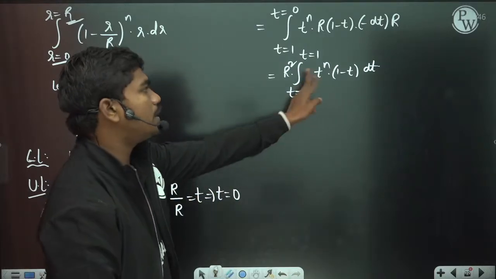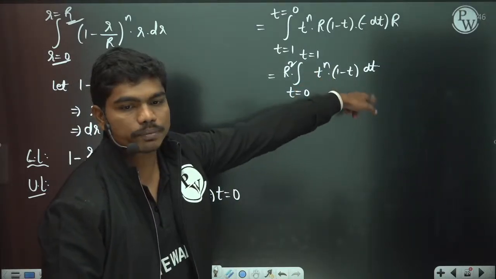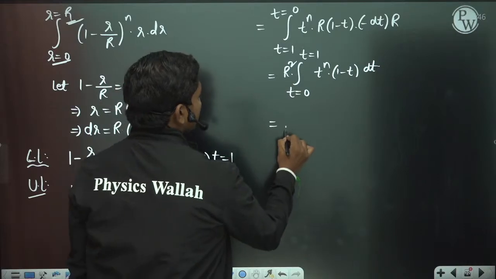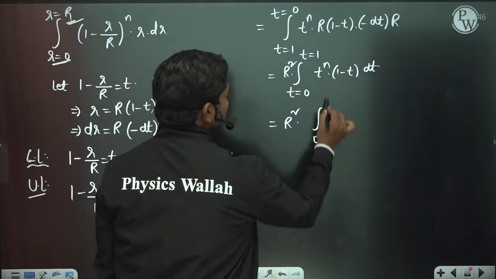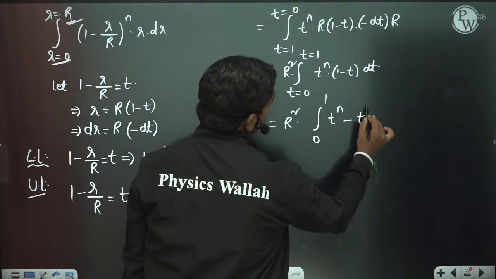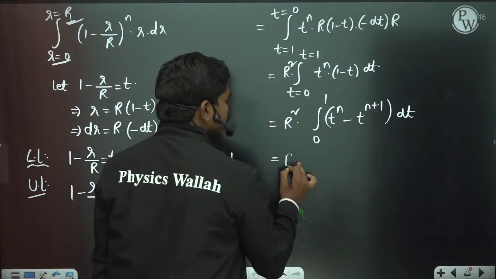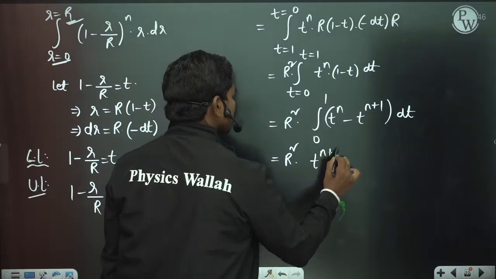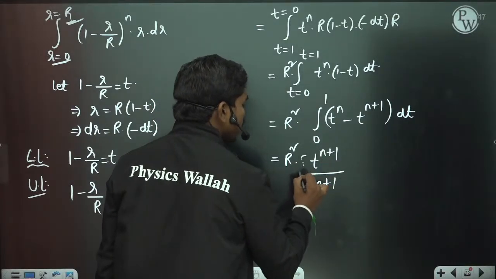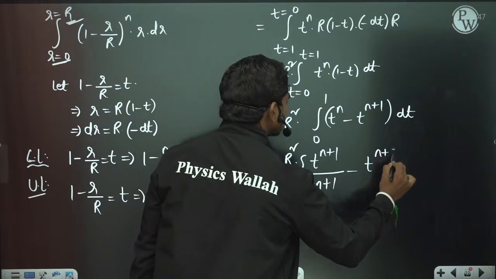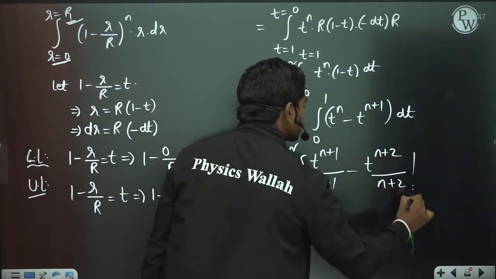Now it's very easy. If you multiply, t power n minus t to the power n plus 1. So R square into the integral from 0 to 1 of t power n minus t to the power n plus 1 dt. If you simplify this, R square times (t power n plus 1 by n plus 1 minus t power n plus 2 by n plus 2) within the limits 0 to 1.